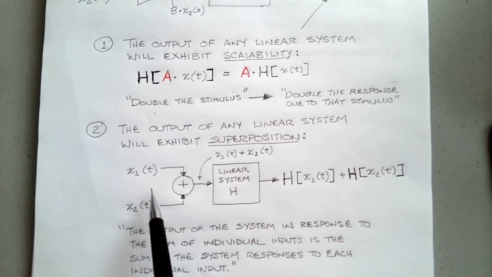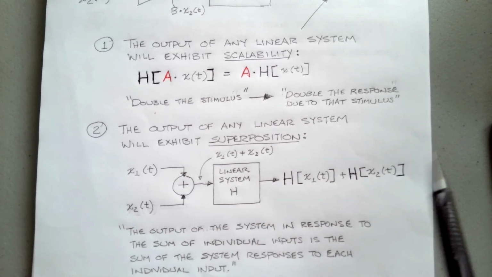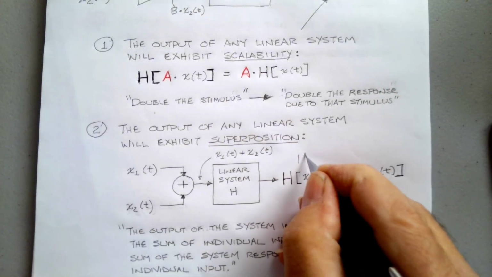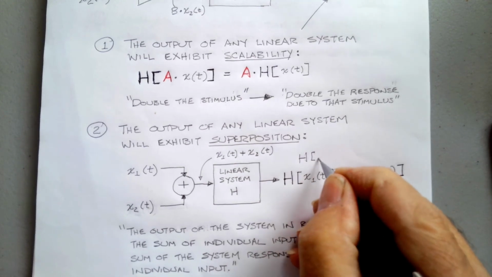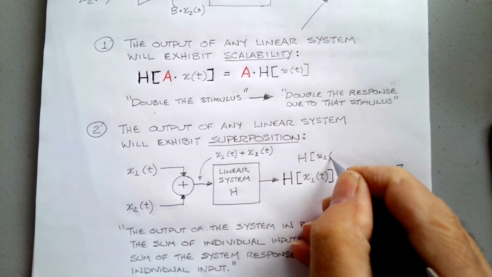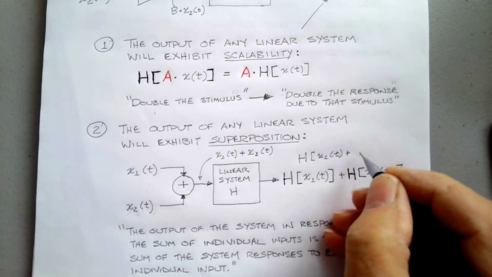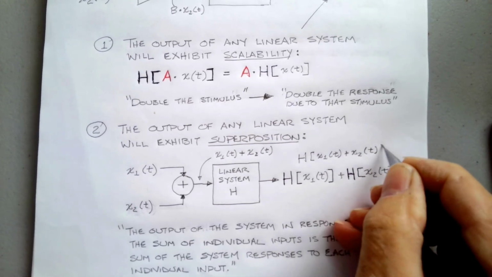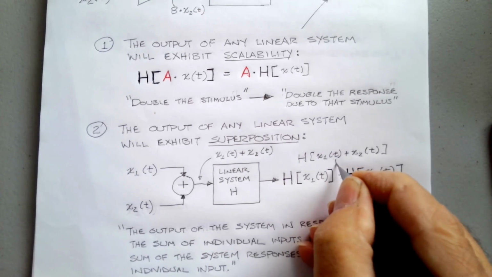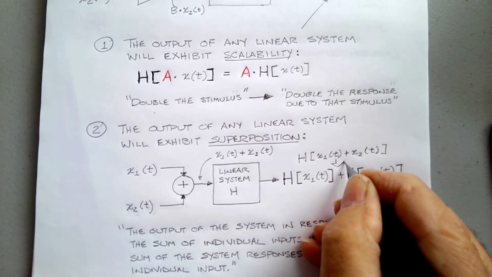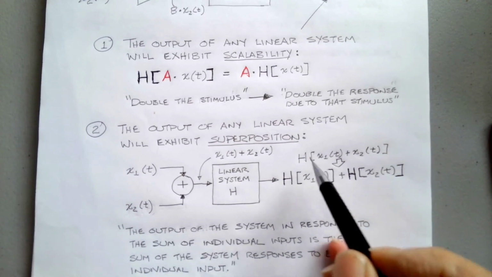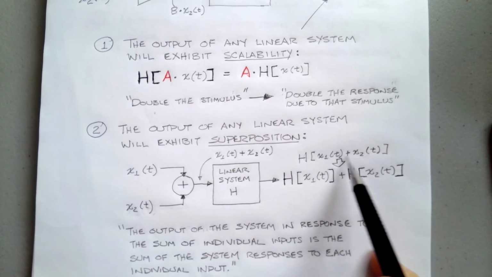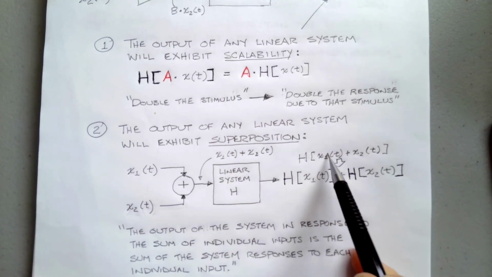I take two signals, add them together, and stick them into the system. So the output here would naturally be H of x1 of t plus x2 of t. This is the output due to the sum of the inputs. There's my input, there's my output.